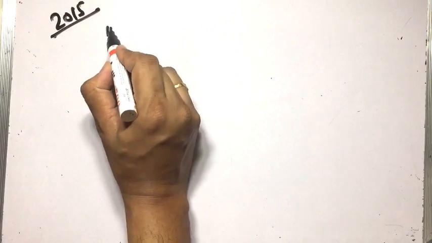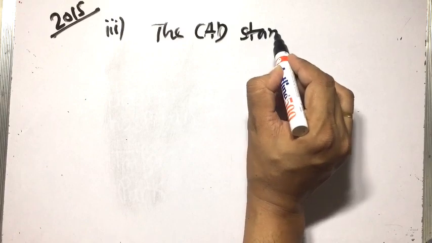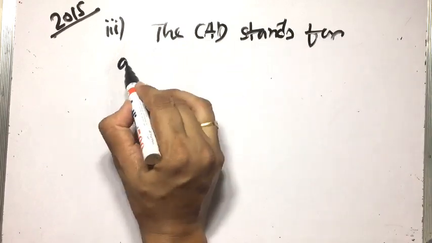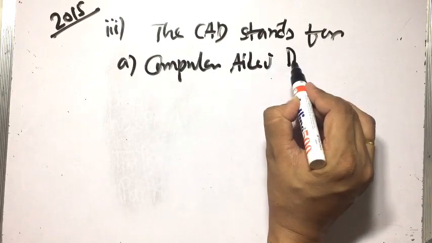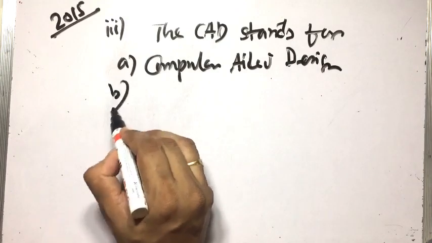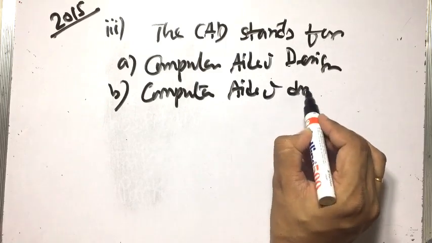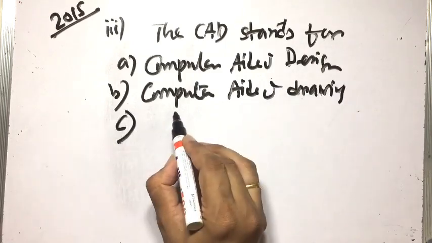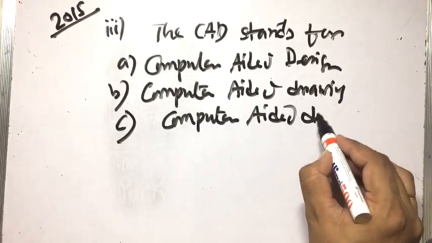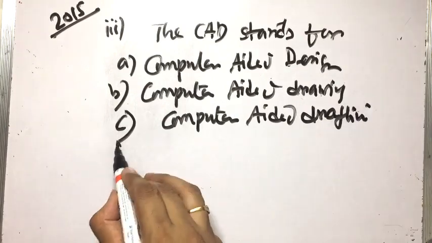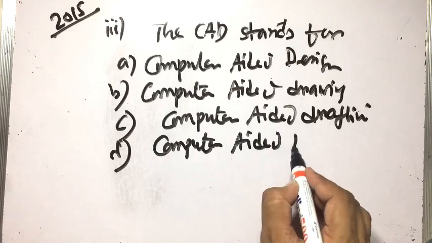Question number 3. CAD stands for option A computer aided design, option B computer aided drawing, option C computer aided drafting, option D computer aided data.